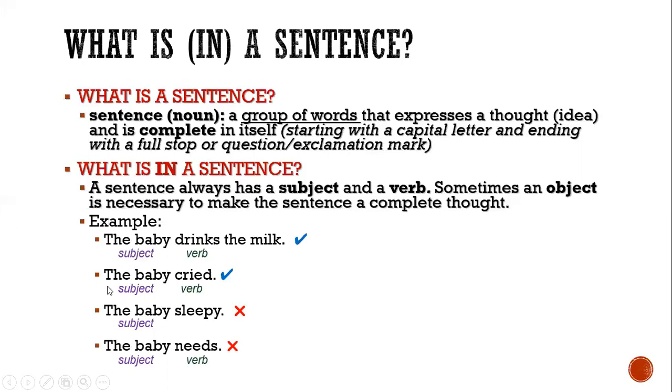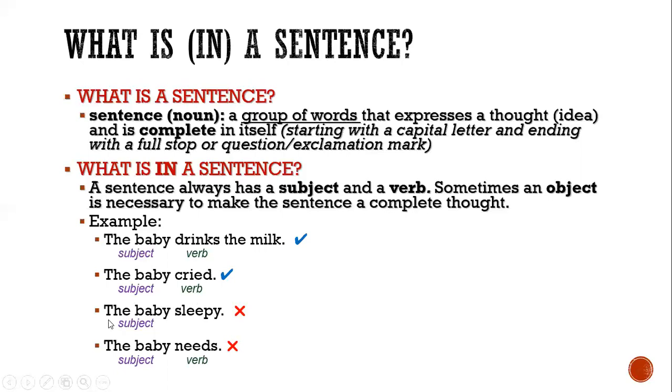The second one is the baby cried. This doesn't have an object, but even though it only has a subject and a verb, it is still a complete sentence. It doesn't need an object to explain the crying.